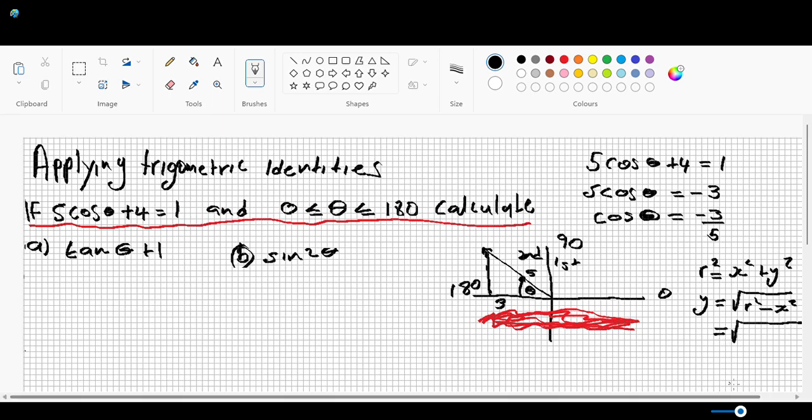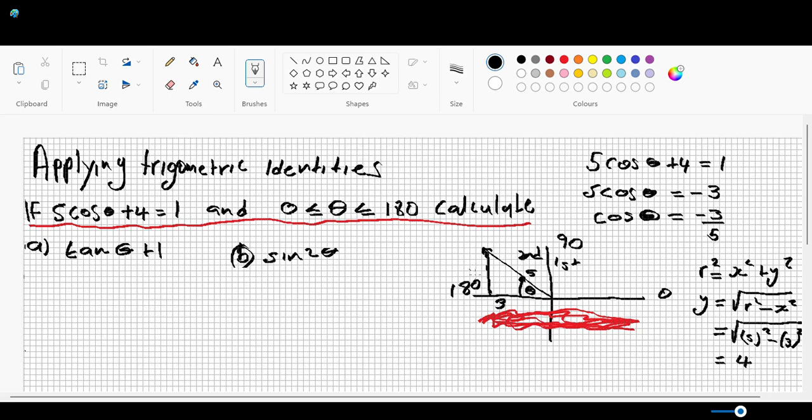Now if we substitute here, our r, our hypotenuse in this case, is 5 squared minus, and then what is our x in this case? The adjacent is going to be 3, and then we square it. Alright, so the answer here is going to give us 4.